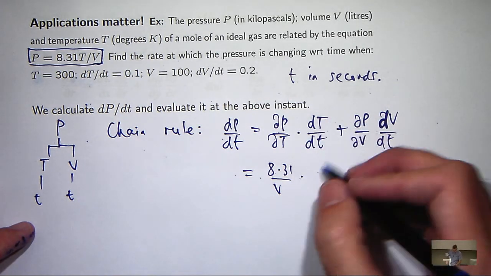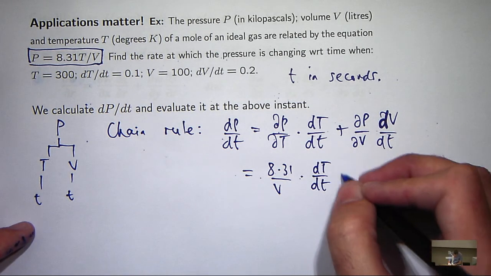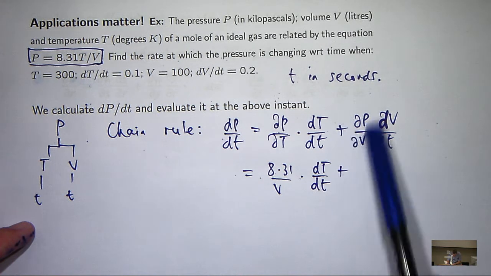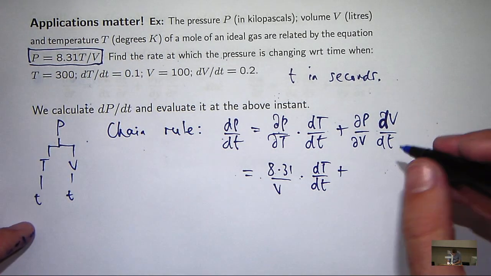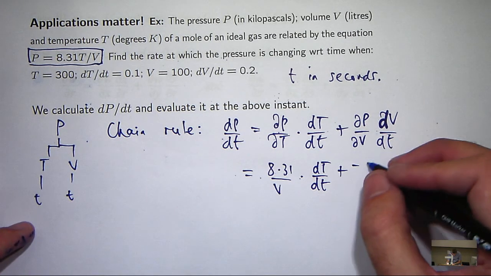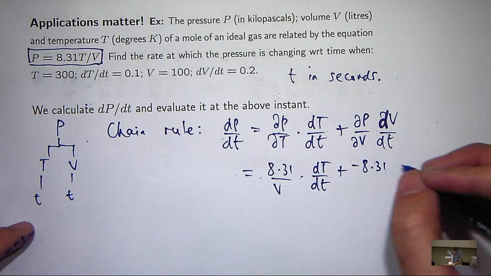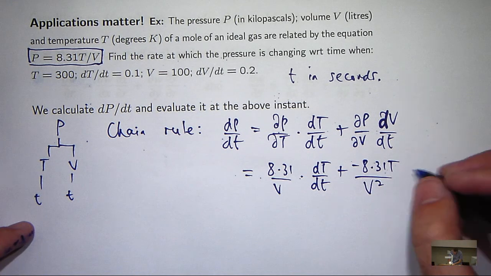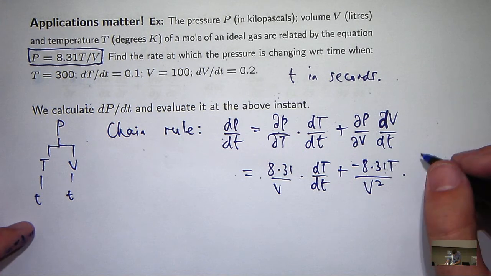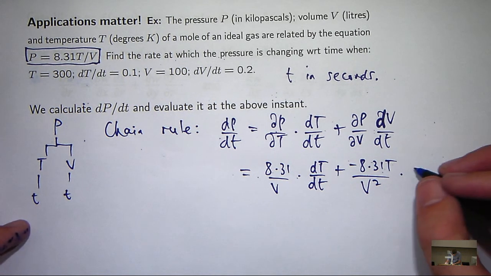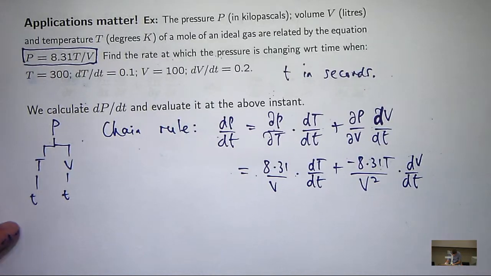This partial will be minus 8.31 big T over V squared. We don't know what this is in general. So that's the general setup.